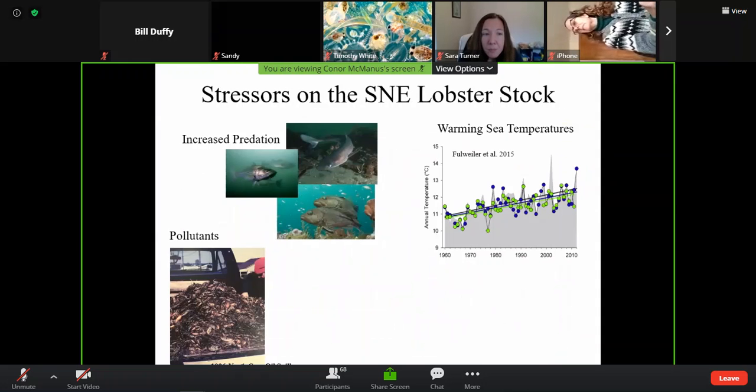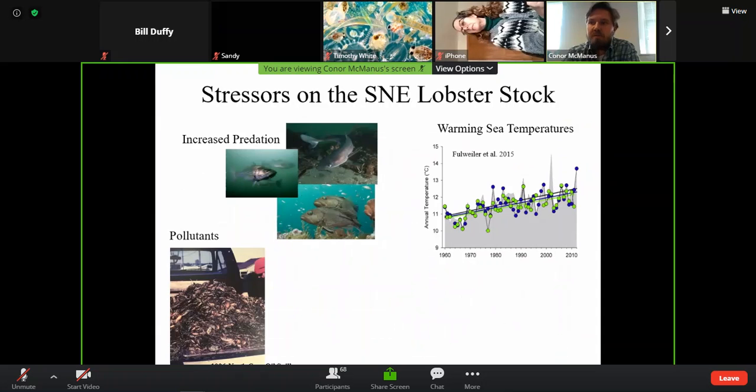And of course, fishing harvest has been attributed to what we've seen in that decline in the 2000s, but in a rapidly changing southern New England environment, there's been a number of other stressors for southern New England lobster. Some of the big ones being increased predation, whether it be striped bass, spiny dogfish, or black sea bass, a changing thermal environment with increasing temperatures in many estuaries and coastal waters like Narragansett Bay, perhaps not providing suitable thermal habitat for lobsters anymore.